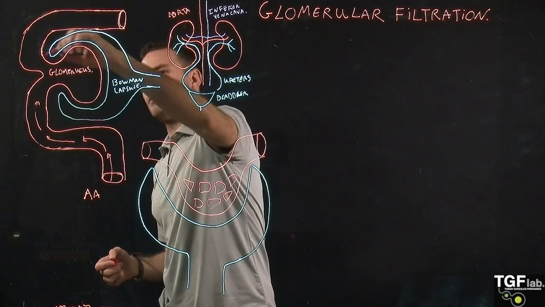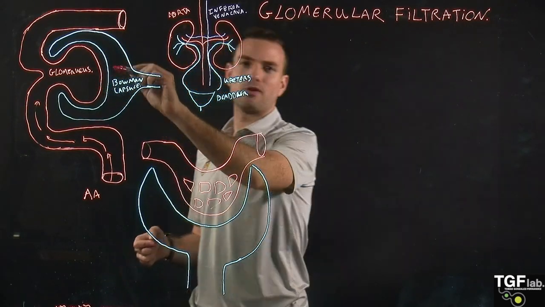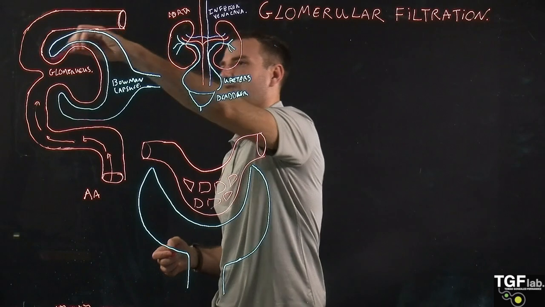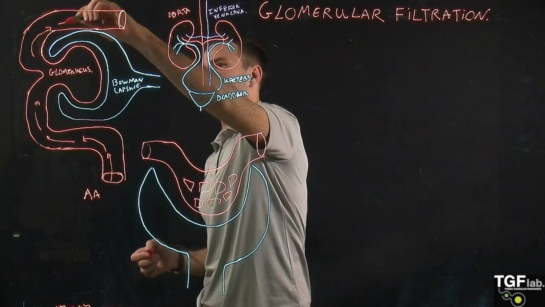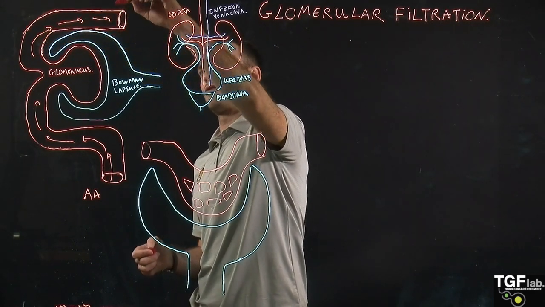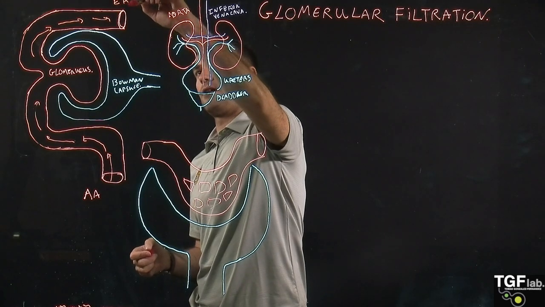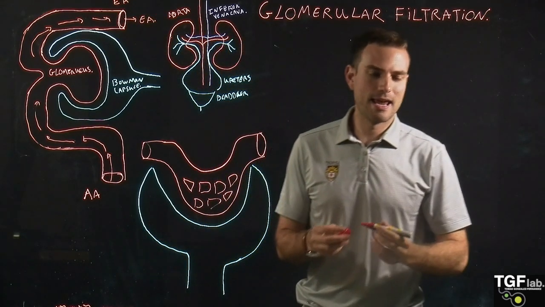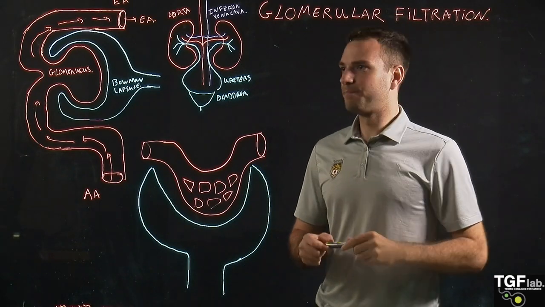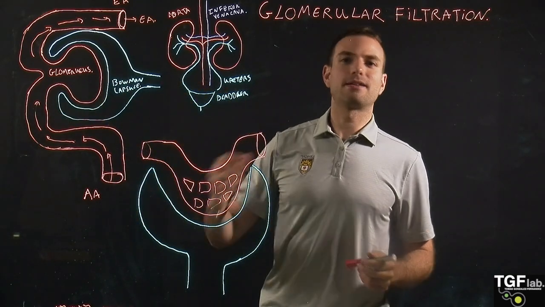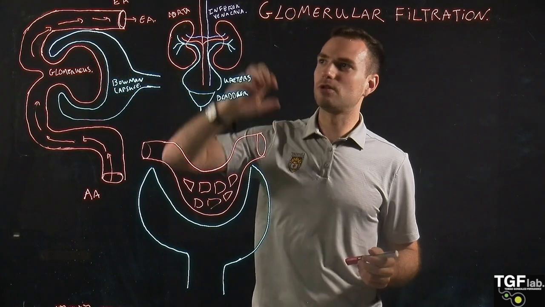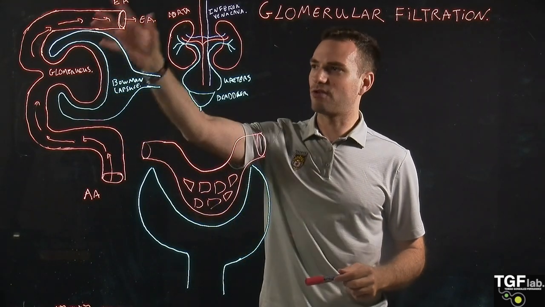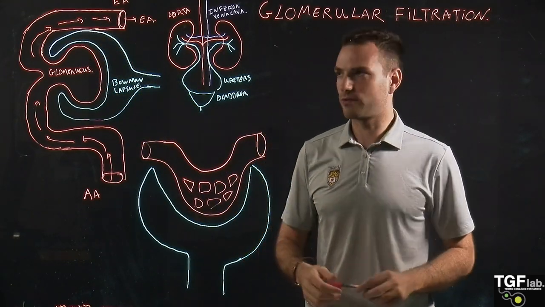Then the blood is going to get filtered here at the glomerulus and with the Bowman capsule, and then it's going to come out here through the efferent arteriole. It's called efferent because it's going to expel all the blood from the glomerulus back into the general circulation.